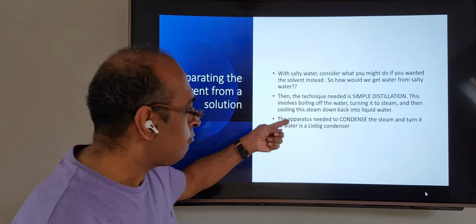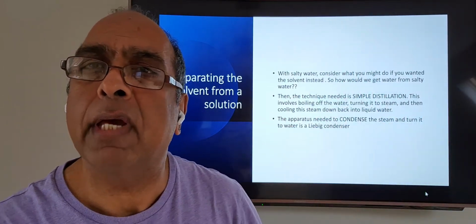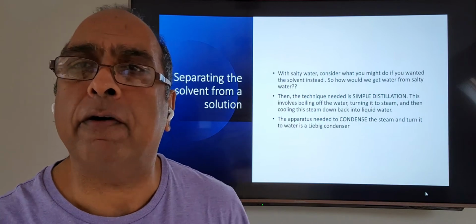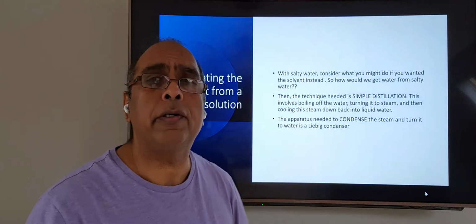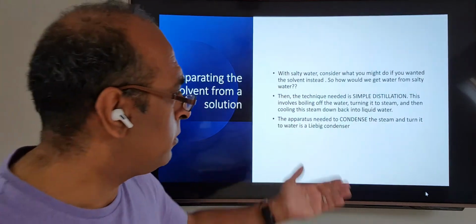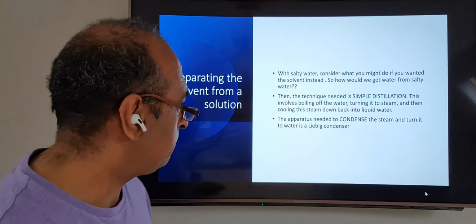Now, that's called condensation. Whenever we've got a gas, like steam, you cool it down, and you reform the liquid, it's condensation. So we are going to condense the steam. The steam will be condensed, and we're going to turn it back into water.